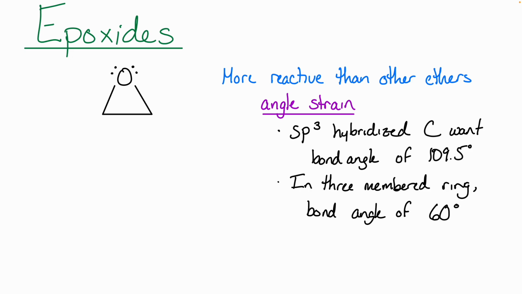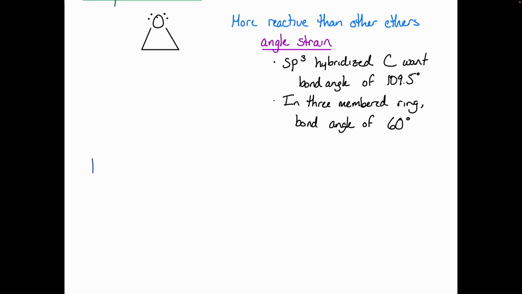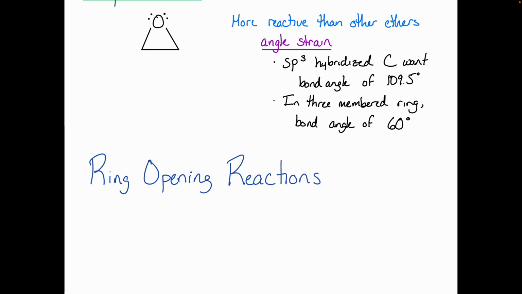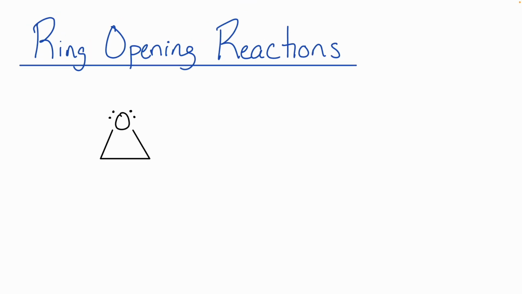In particular, we're going to see a common theme in our reactions of epoxides. They're going to undergo what we call ring opening reactions. They're all going to have this same basic reaction here.